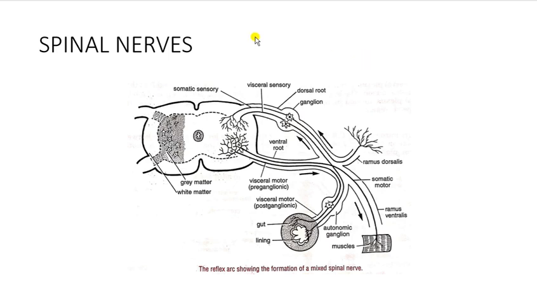The cell bodies of these fibers are situated outside the spinal cord in a ganglion called the dorsal root ganglion.